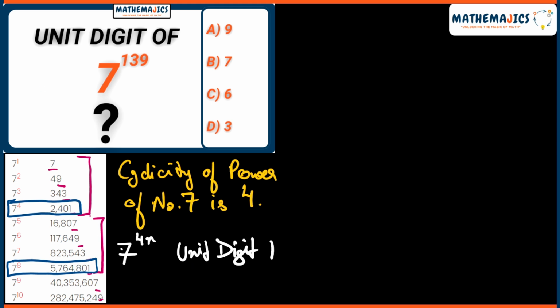Now, let's look at 7 raised to power 4n plus 1. That means the power is not a multiple of 4 but leaves a remainder 1.